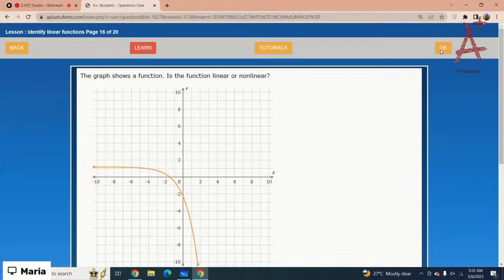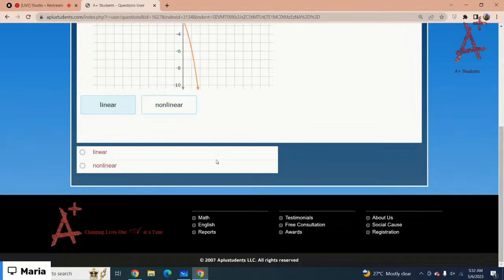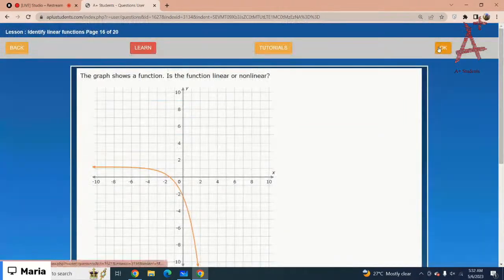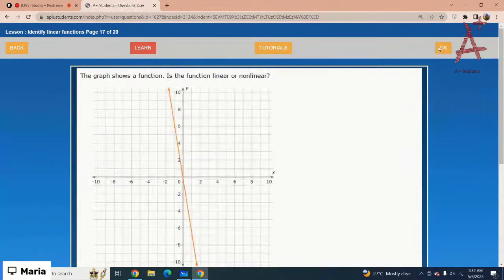The graph shows a function. Is the function linear or non-linear? Non-linear it is. The graph shows the function. Is this function linear or non-linear?